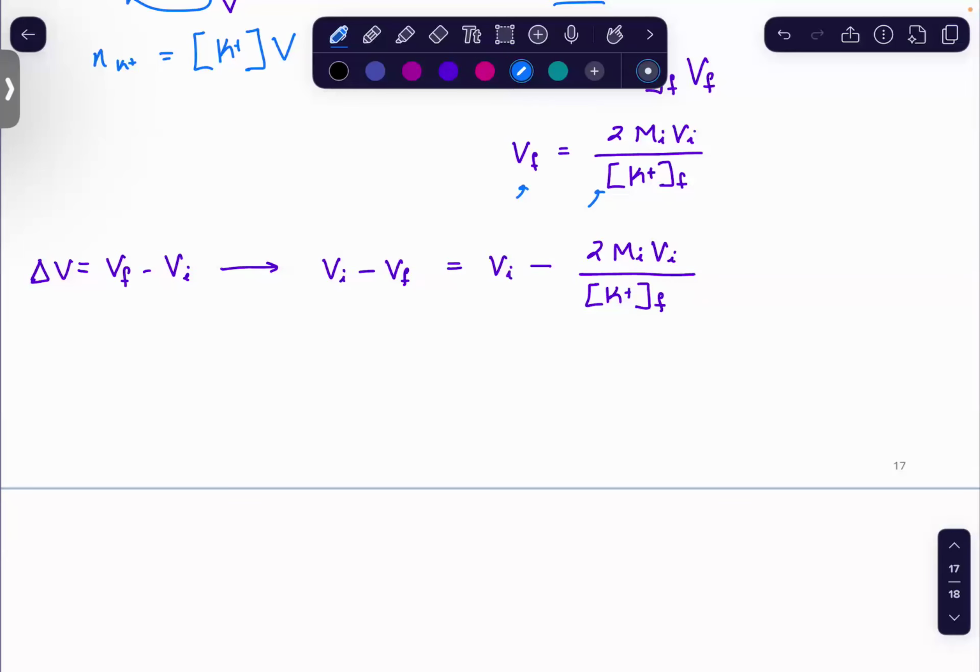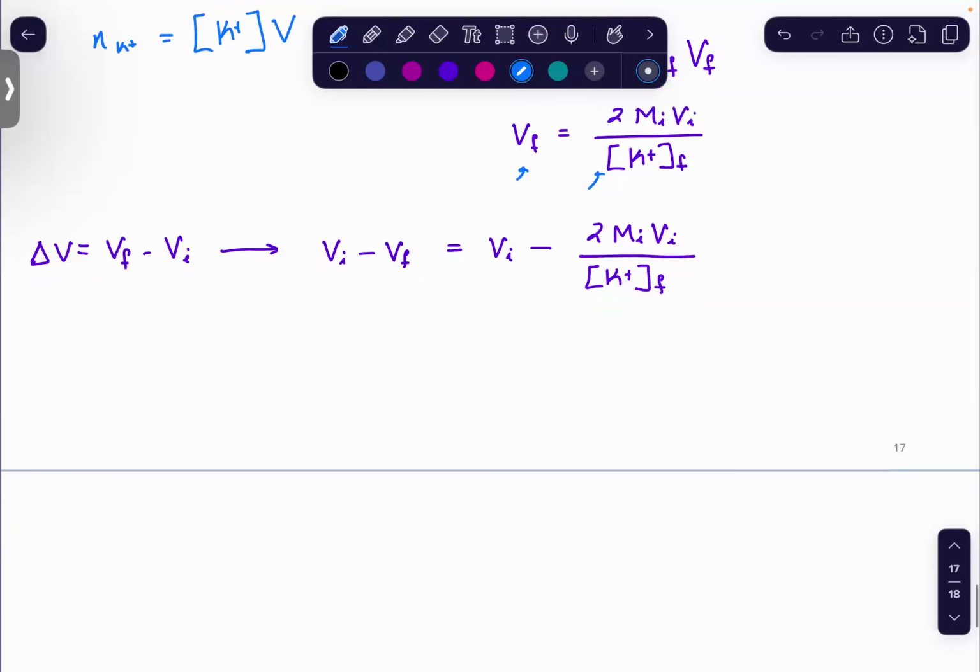And so I have to do the same thing to both sides of the equation. If I put VI minus V final there, then I have to do the same thing to this side. And that's where this comes from. All right. So now this is my delta V.